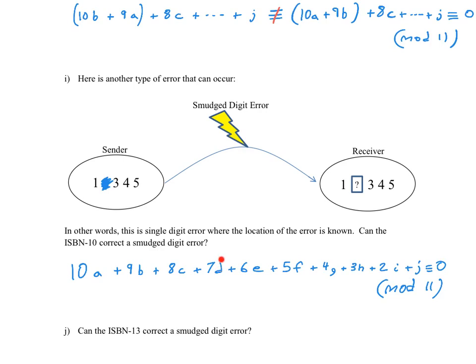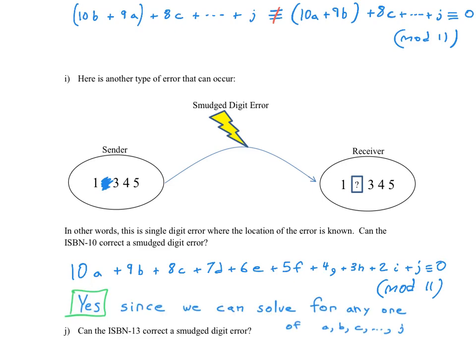So what we could do, for example, if D was missing, we could move all the other terms to the other side of the congruence, multiply both sides by the multiplicative inverse of 7, and then finally solve for D. So the answer to this question is yes, we can solve for any one of the variables above.